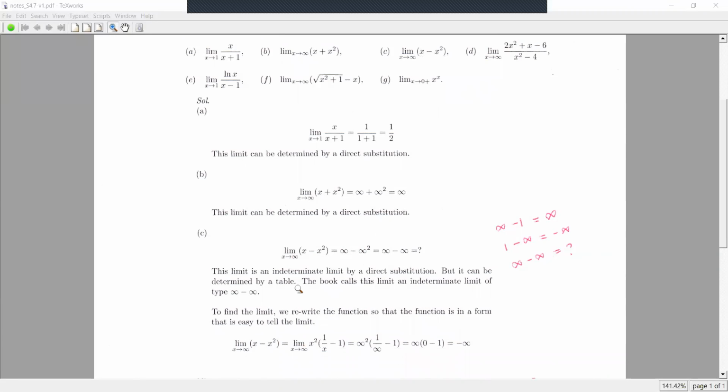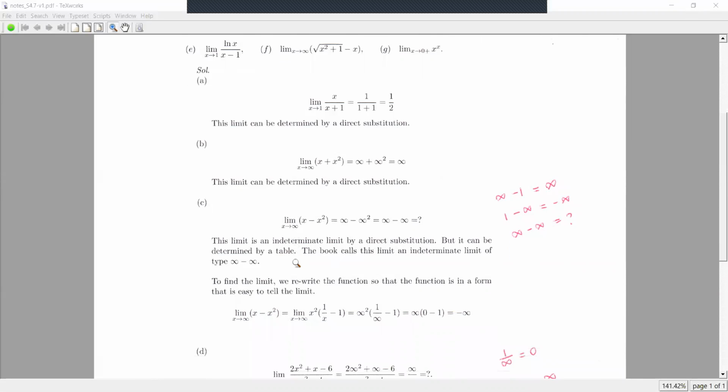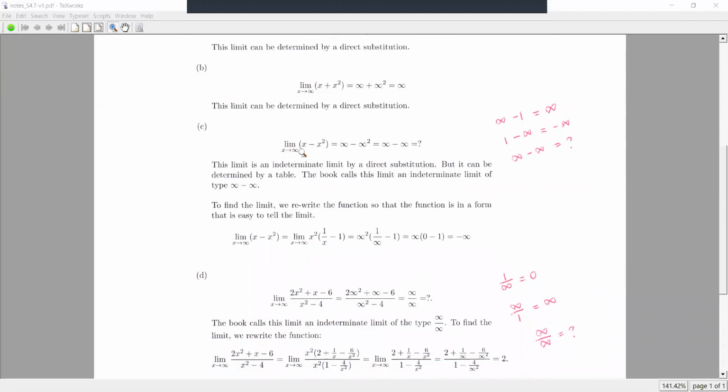Now C, when x approaches positive infinity, what number will this function approach? I try direct substitution. Plug in infinity for x, then I get infinity minus infinity squared. Infinity squared is infinity. So we have infinity minus infinity. But what is infinity minus infinity? It can be any number depending on the problem. Infinity minus a finite number, we can tell it is infinity.